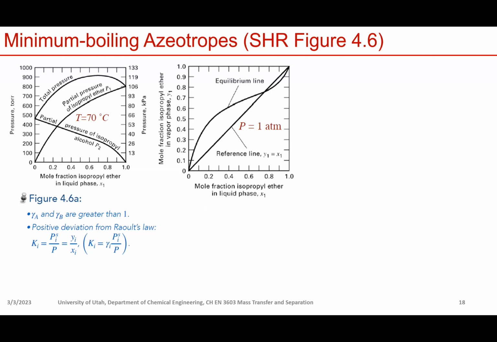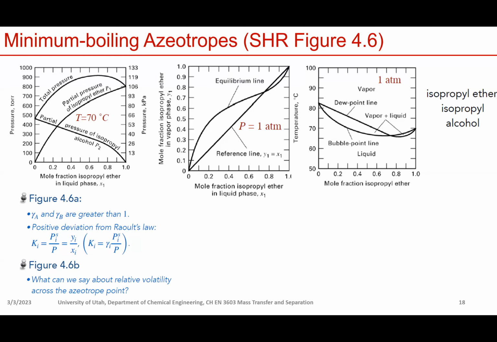It crosses this 45-degree line and changes from concave to convex, and this point is the azeotropic point. Okay. So, needless to say, at this point, we have the relative volatility to be 1 and the K values of each of the components to be 1. And that's kind of the TXY diagram.